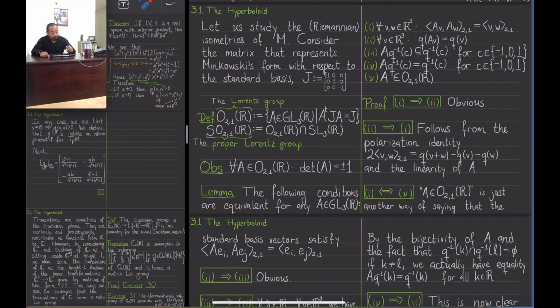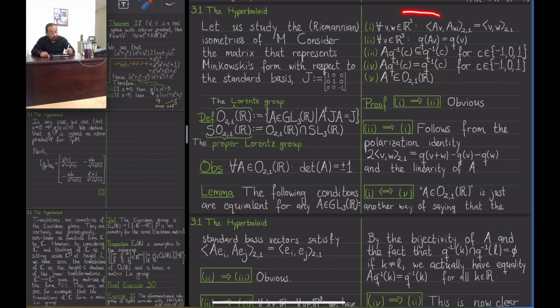So the conditions are that an invertible 3×3 matrix with real entries belonging to the Lorentz group is equivalent to the following 4 conditions.